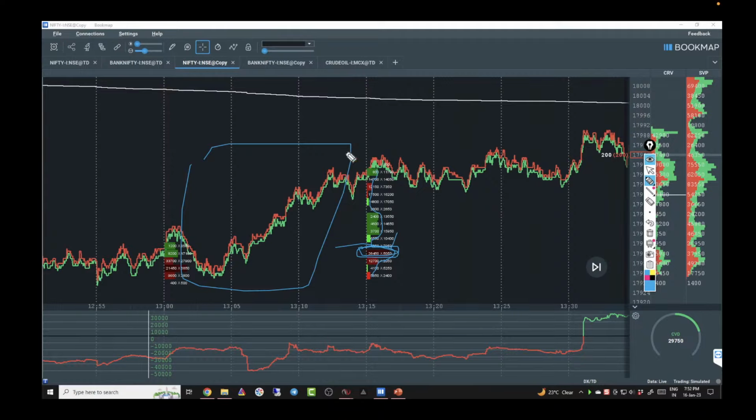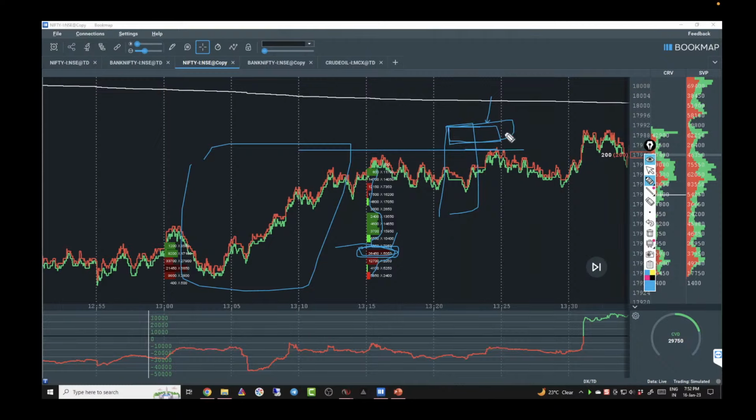For example, assume that there is a resistance, and we are seeing the delta footprint charts, and we are seeing more orders getting placed above the resistance. But assume they were market buy orders. Okay, so if it was market buy orders, then that's a caution sign for us. We have to look for the price follow-up.